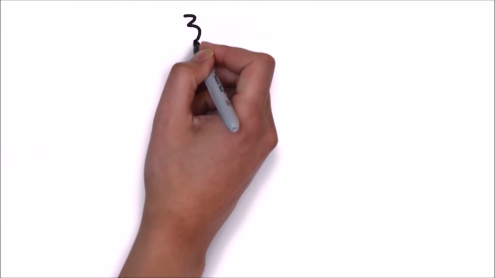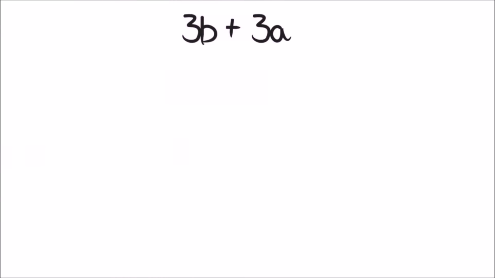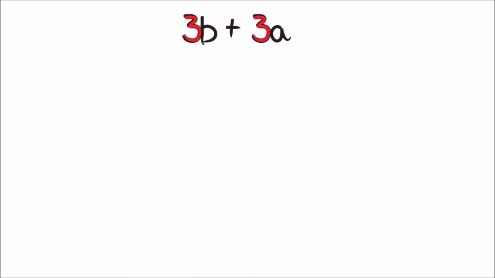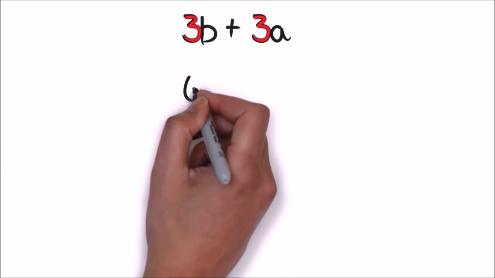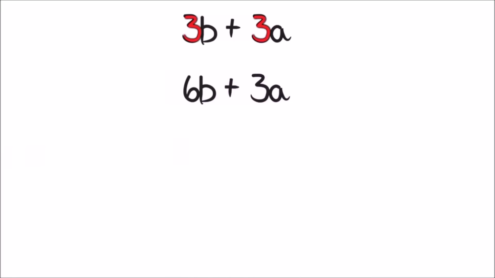If we have 3b plus 3a, we can clearly see that the 3 is common. It is not always obvious that the numbers are the same. We can have a question like 6b plus 3a. It is not obvious that the 3 is common.